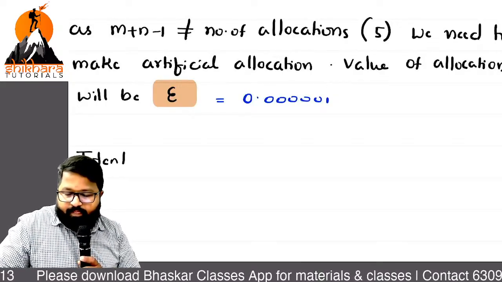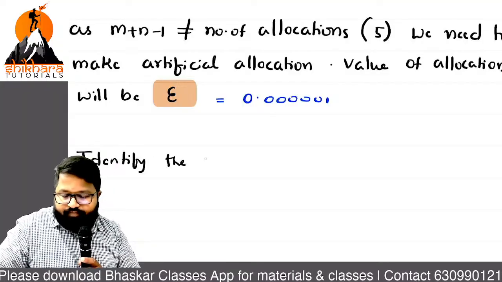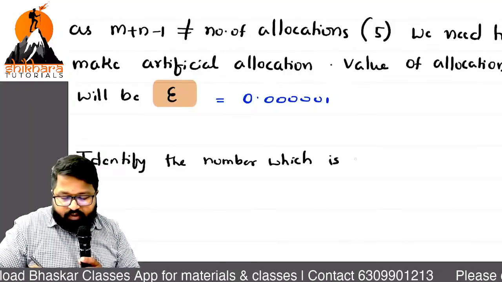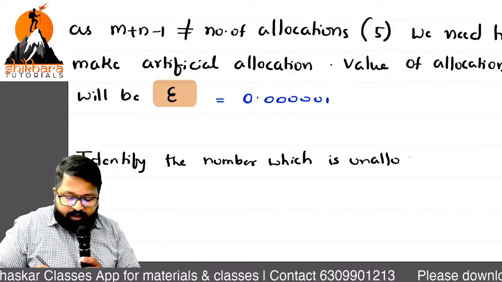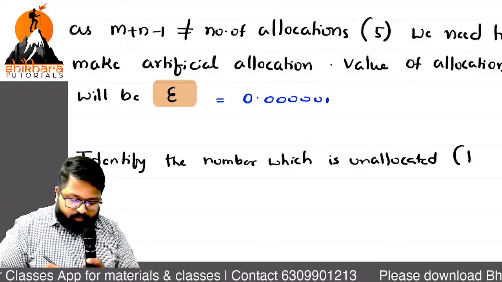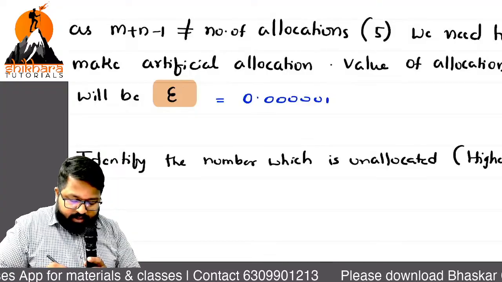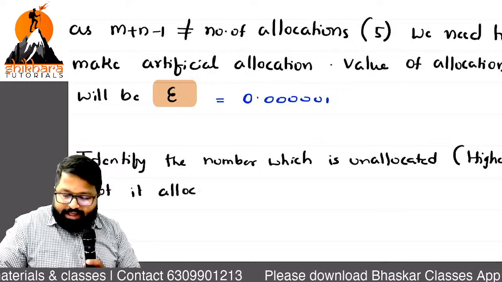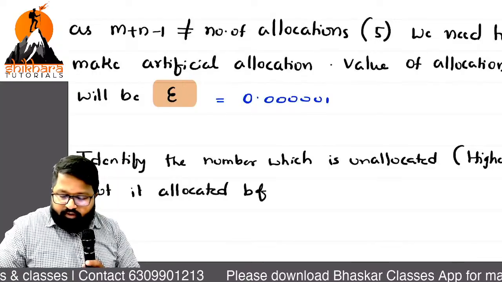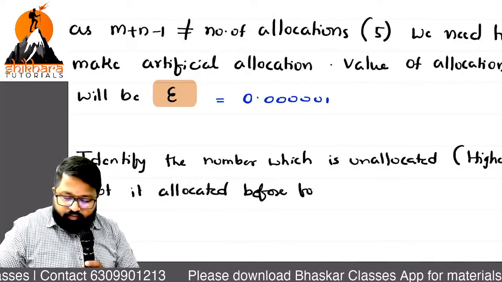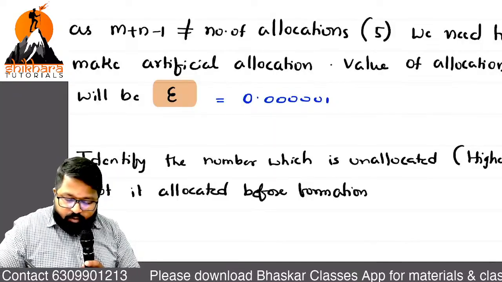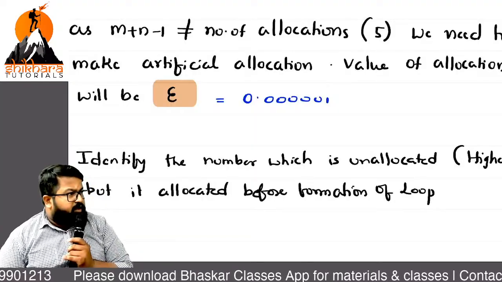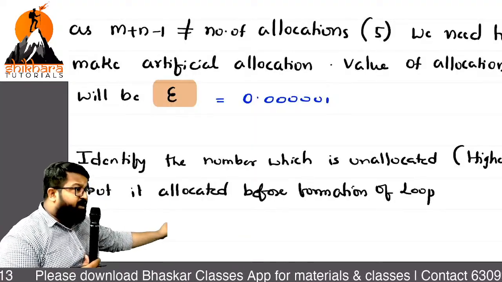Identify the number which is unallocated and the highest, but it was allocated before formation of a loop. Is this sentence clear? Identify the number which is unallocated.